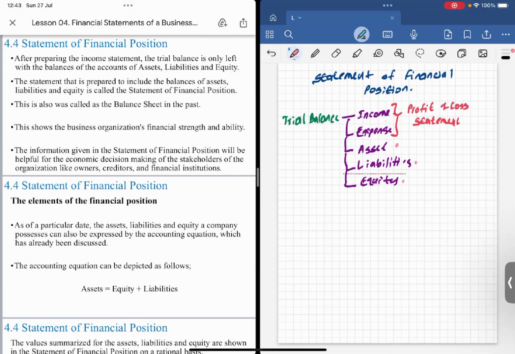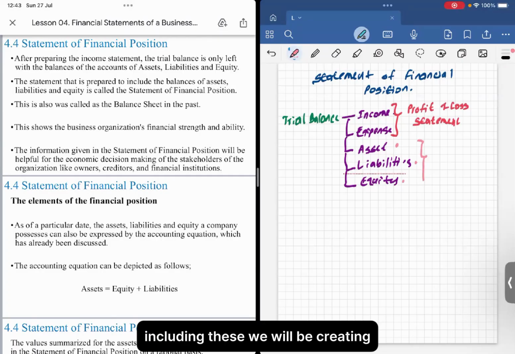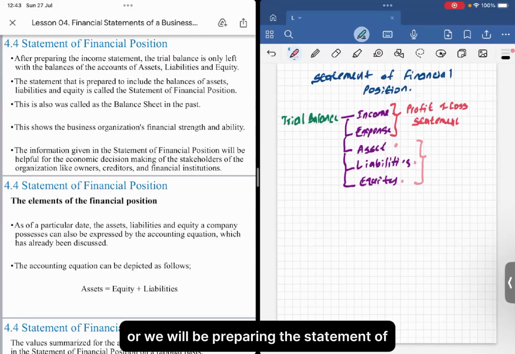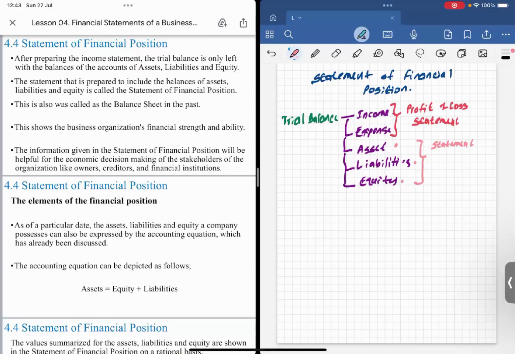For these, we will be preparing the statement of financial position.